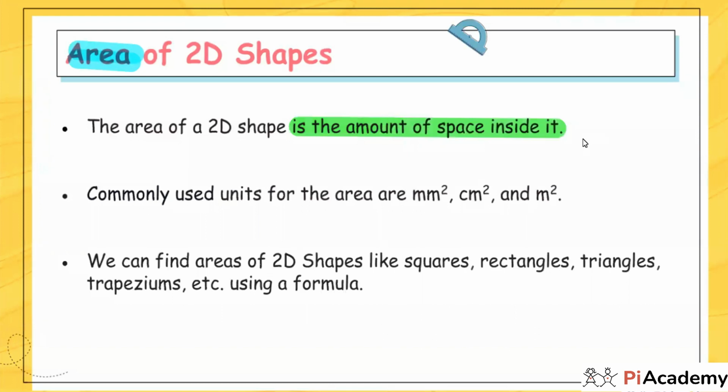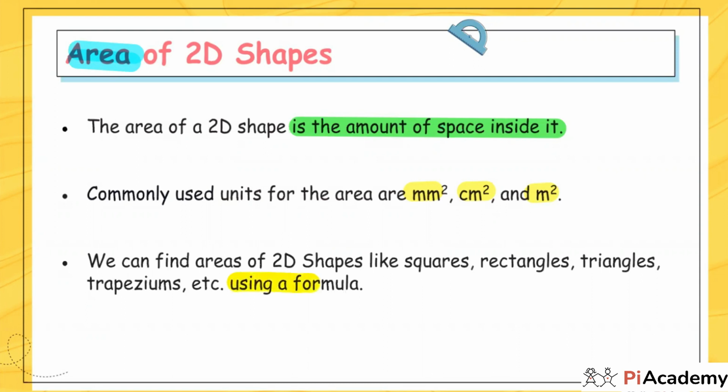Now, another thing is that if we are measuring the area, then what should its units be, right? The units are as follows: mm square, centimeter square, or meter square, and we have other units as well, but generally we commonly use these units, okay? Now, we can find the areas of 2D shapes like square, rectangle, triangle, trapezium, etc. by using formulas.